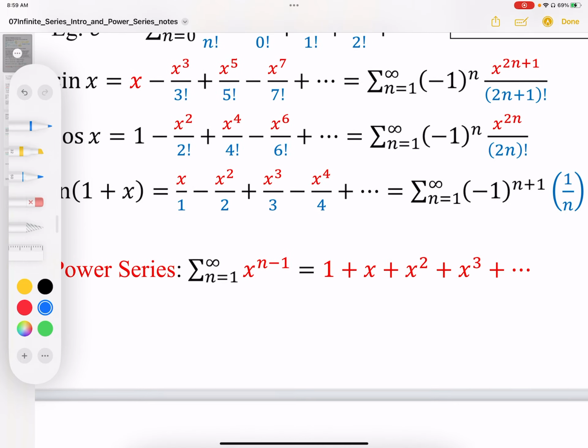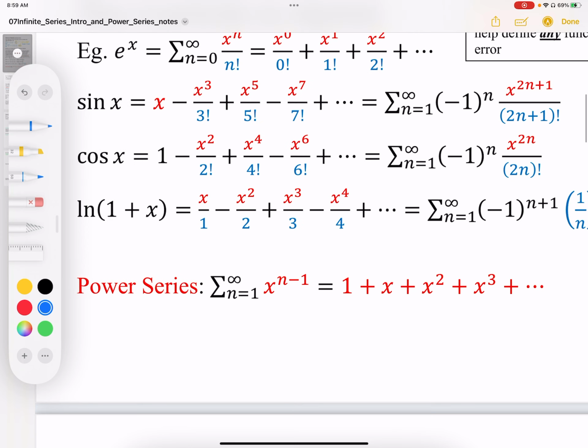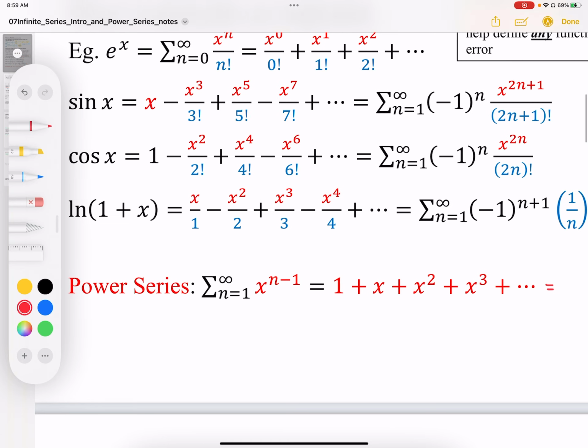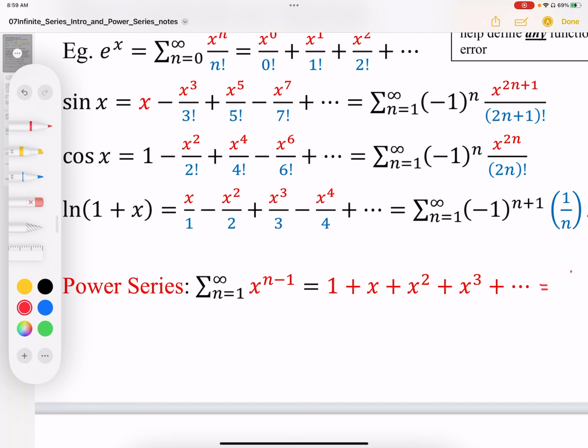That power series happens to be an infinite geometric series, and we can work it out. This power series is defined as the function 1 over 1 minus x. So this series works out to be this particular reciprocal function.